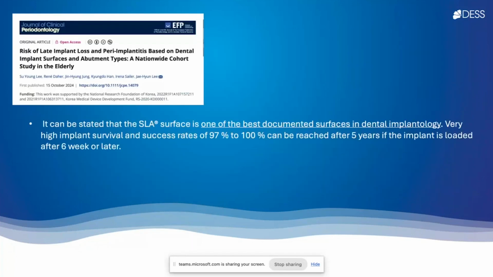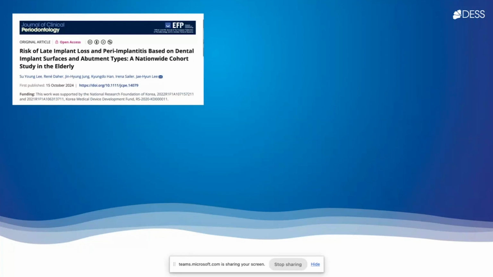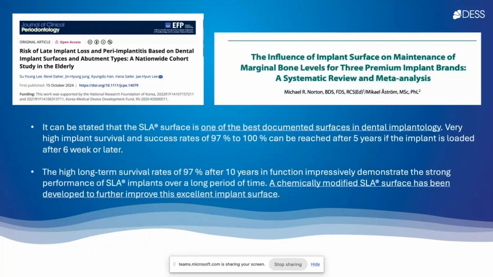But the question is, what are the best surface treatments? Usually I go through the evidence base and the research. According to systematic reviews, the SLA surface treatment is one of the highly successful surface treatments, with the most promising results till now.